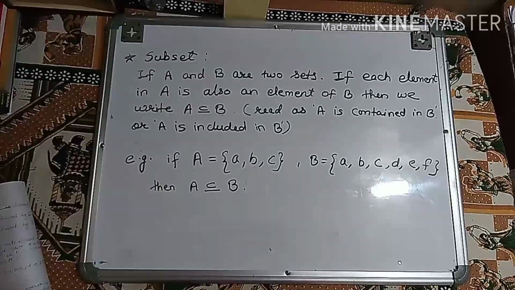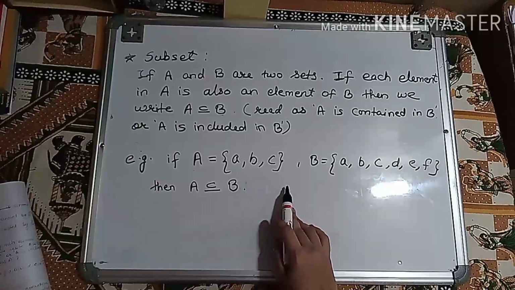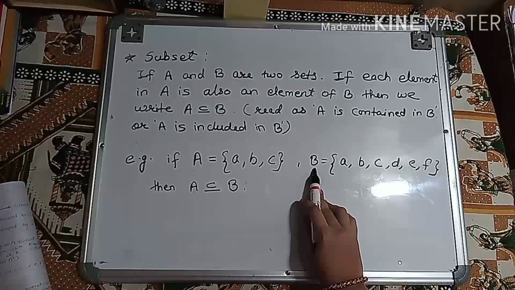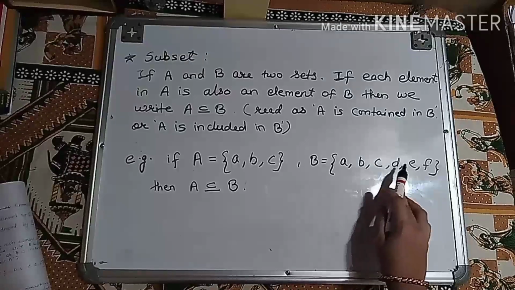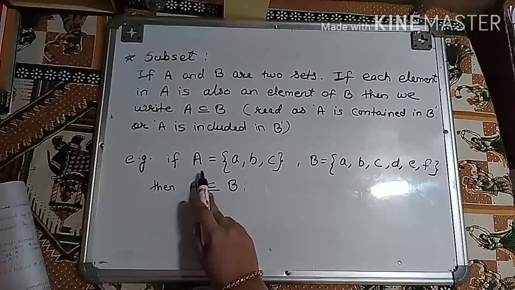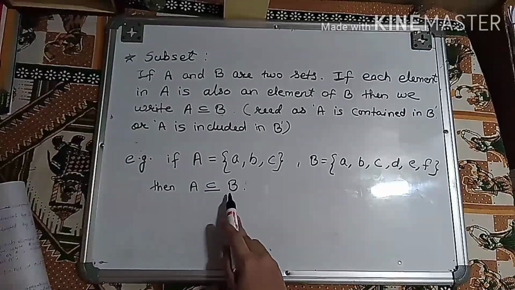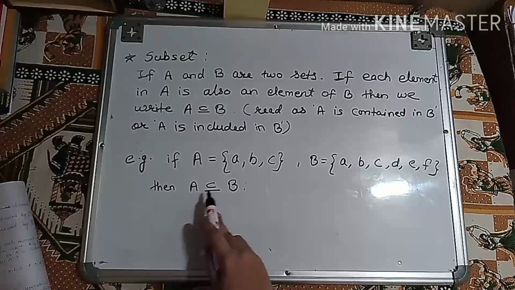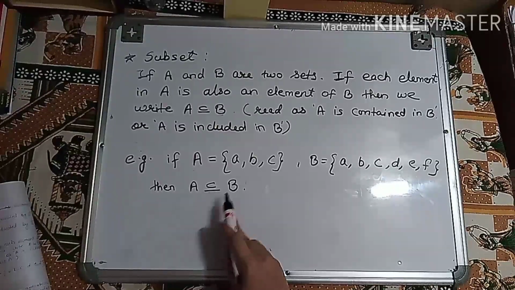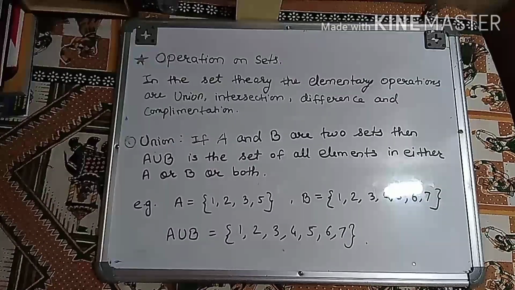Now for example, consider a set A of 3 elements a, b, c and consider the set B of elements a, b, c, d, e, f. Now all elements of A are in B. Then we say that A is contained in B or A is a subset of B or A is included in B.